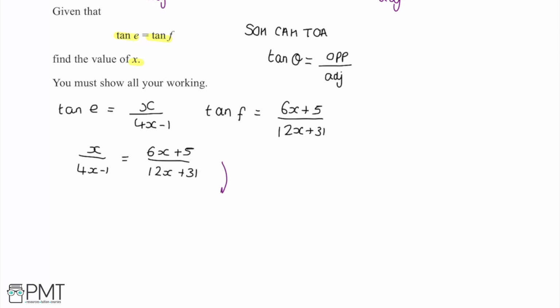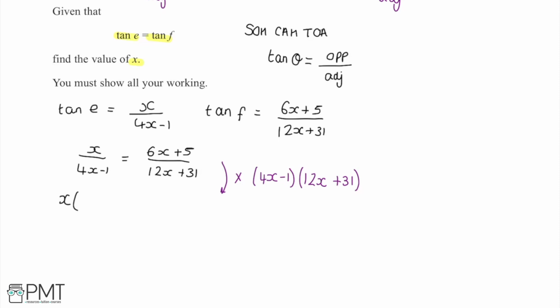So if I take this and multiply by 4x minus 1, that's going to cancel out the denominator of the left-hand side, and multiply it also by 12x plus 31 to cancel out the denominator on the right-hand side. So if we multiply the left-hand side by this, multiplying by 4x minus 1 cancels out the denominator, but then we still need to multiply x by 12x plus 31.